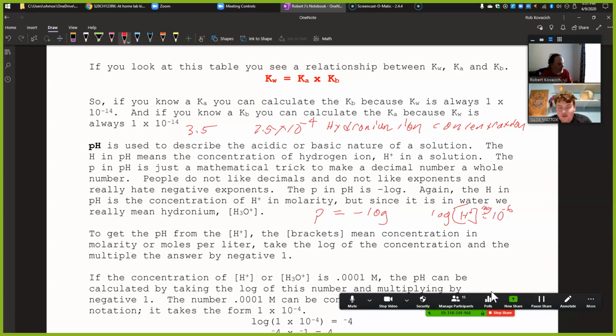The 10 goes away, and then I get negative 6. And what happens if I multiply it by negative 1? That's 6. It turns into 6. So I got rid of a negative number, I got rid of an exponent, I got rid of a negative exponent. So I could give a person a decimal number that doesn't freak them out.